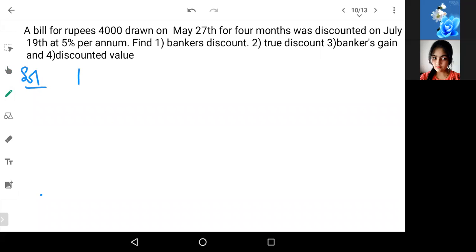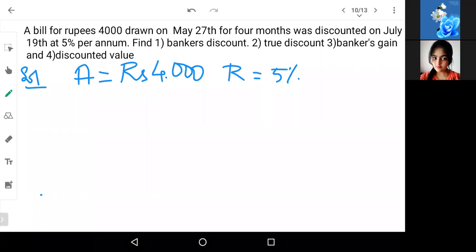Firstly, the amount is given to us, that is 4,000, and apart from that, the rate of interest is given to us, that is 5% per annum.